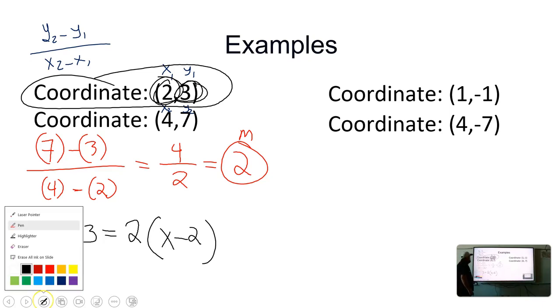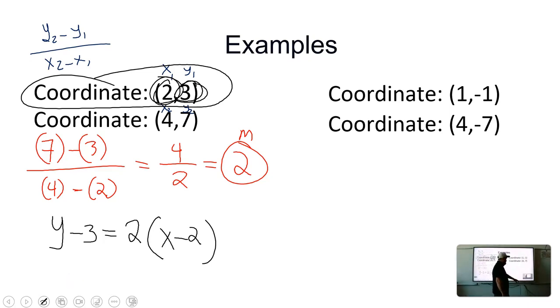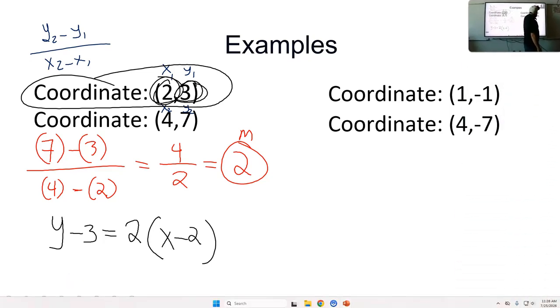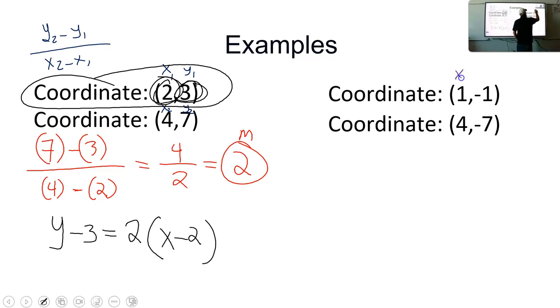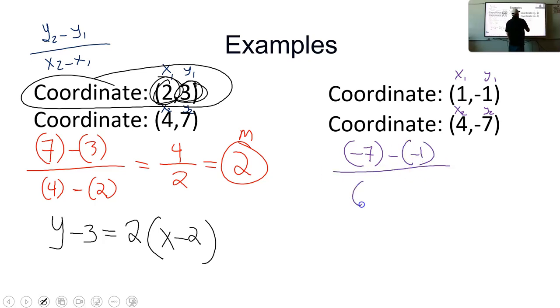Okay, let's try it over here. Okay, so this is going to be x1, y1, x2, y2. So for the slope, we're going to do y2 minus y1 over x2 minus x1.